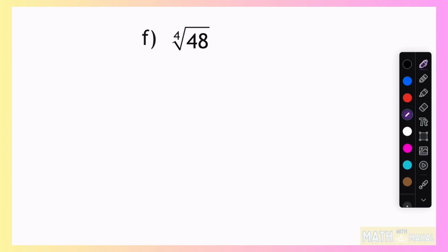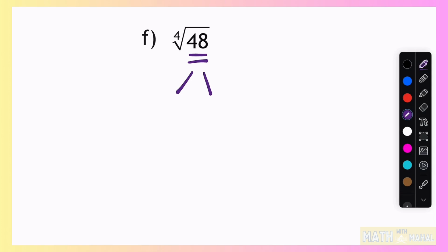Okay, let's look at this one here. So this is looking at the fourth root. If we're unsure of the fourth roots, we can always search them up, or you can use your calculator to get the total. So here are the fourth roots. And now what I want to do is pull out the factors where one of them is going to be part of those fourth roots, and the other one can be any other number. The reason I want one of them to be a fourth root is because I can then evaluate it.